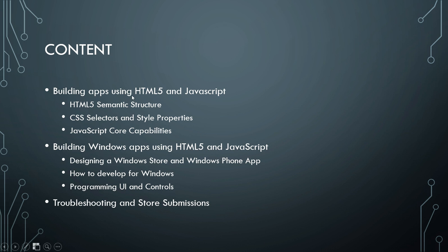A lot of people are more used to HTML and JavaScript as web building languages, so we're going to focus the first two classes on bringing you into building apps using these languages, and then after we're conversant with that concept, we're going to move on to bringing those apps to Windows.